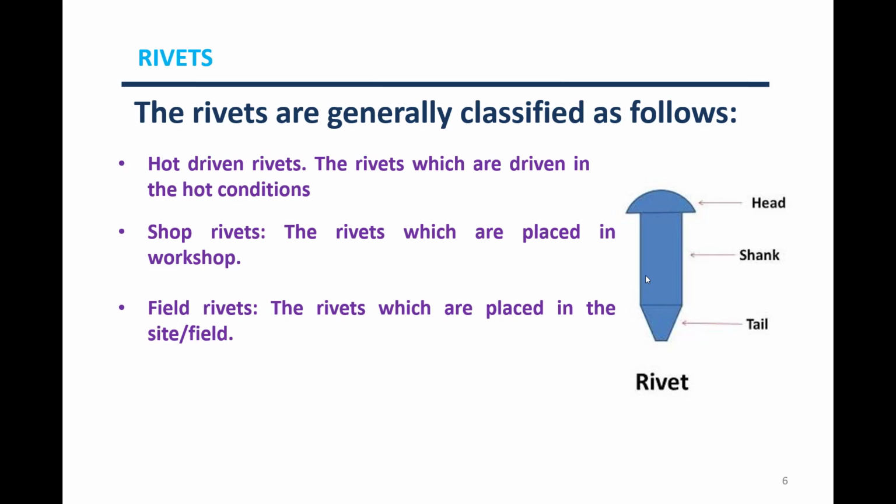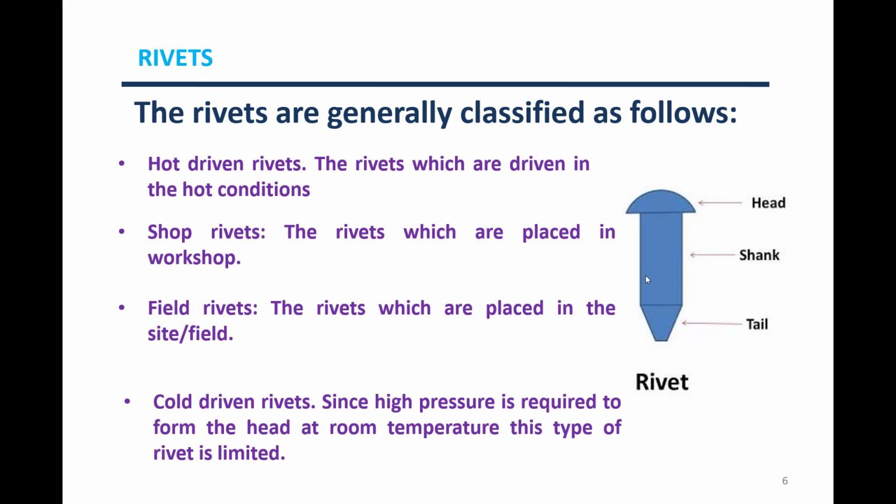Field rivets are the rivets which are placed in the site or field. Cold driven rivets: since high pressure is required to form the head at room temperature, this type of rivet is limited.